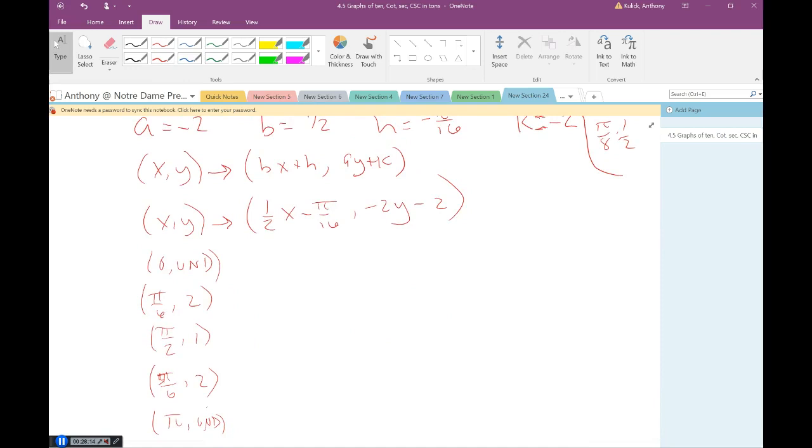Okay. So let's do some plug-in here. I have 1/2 times 0 minus π/16, and then undefined. So that's just -π/16 undefined.